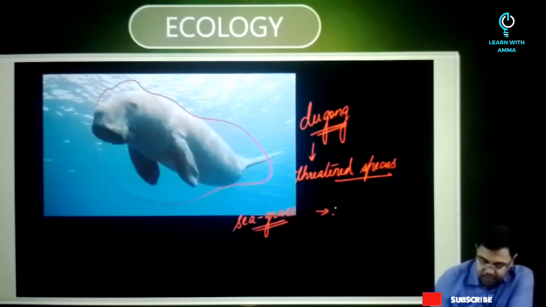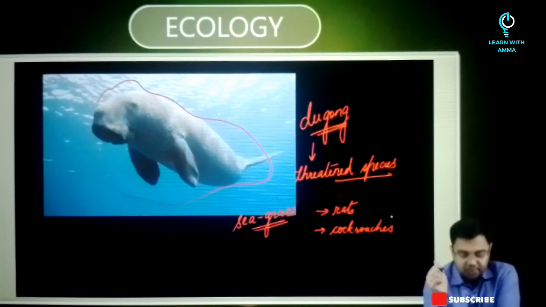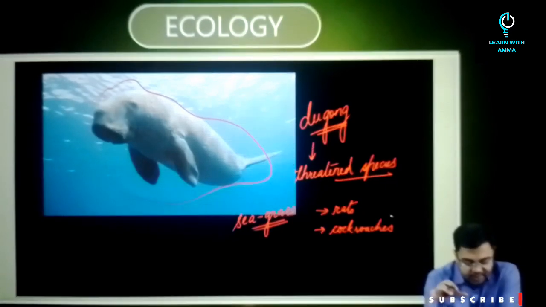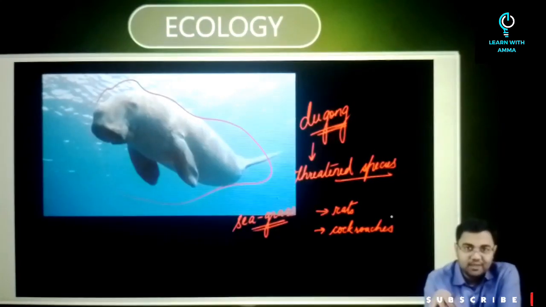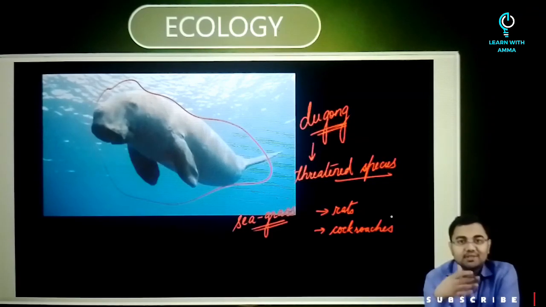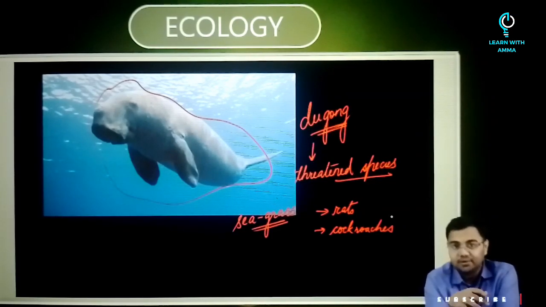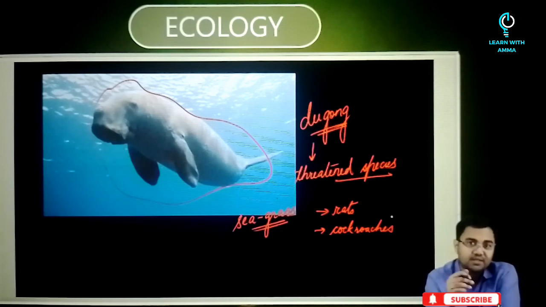You can talk about rats, cockroaches, even flies. It's very funny that humans can be clubbed in the same bracket as rats, cockroaches or flies, because all these are organisms which can survive in any kind of niche, or they have generalized niche.